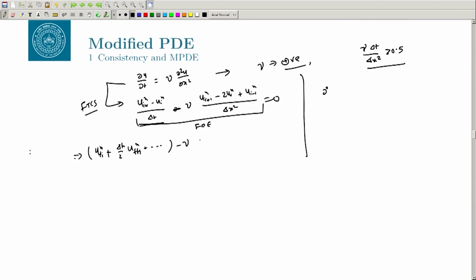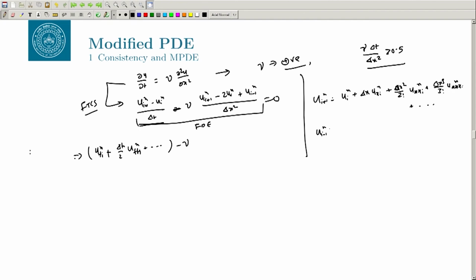And minus nu, and if you use this expression for ui plus 1 and ui minus 1, let me write it quickly. Ui plus 1 n is ui n plus delta x ux at i n plus delta x square by factorial 2 uxx at i n plus delta x cube by factorial 3 uxxx at i n, and so on and so forth.